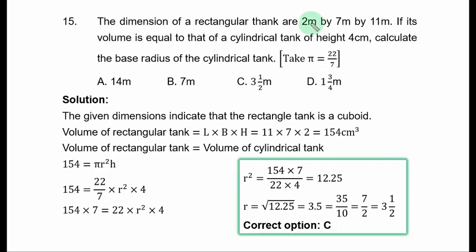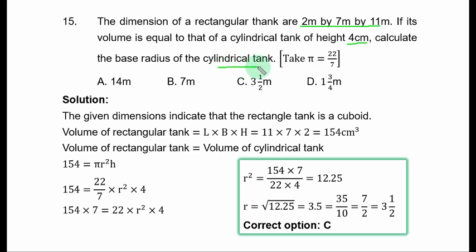Question 15. The dimensions of a rectangular tank are 2 meters by 7 meters by 11 meters. If its volume is equal to that of a tank that looks like a cylinder of height 4 cm, calculate the base radius of that cylindrical tank.